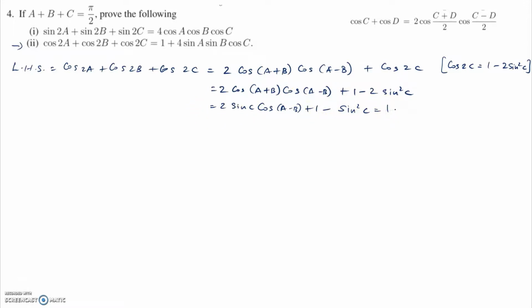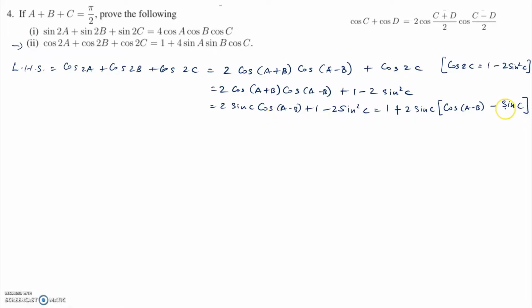Let us keep the 1 here, and sine c is common. Sorry, this is a 2 sine squared c. So, 2 sine c is common. So, take that out. So, this becomes 2 sine c, within the bracket you have cos(a minus b), sorry, this is a plus, minus sine c.